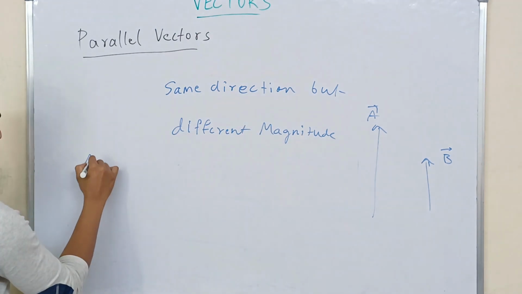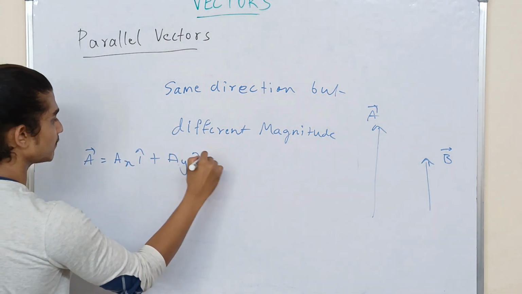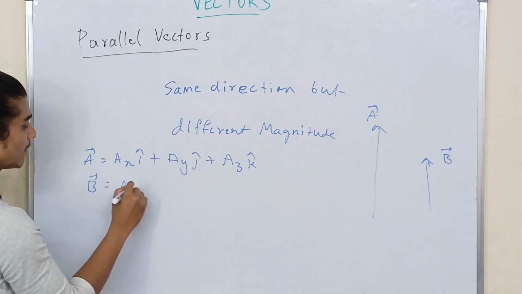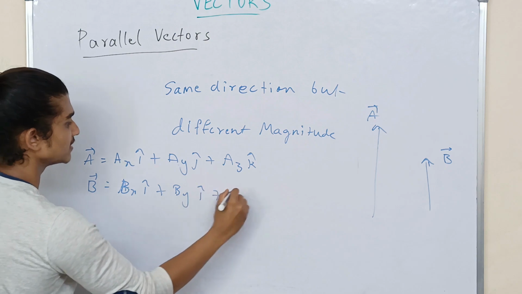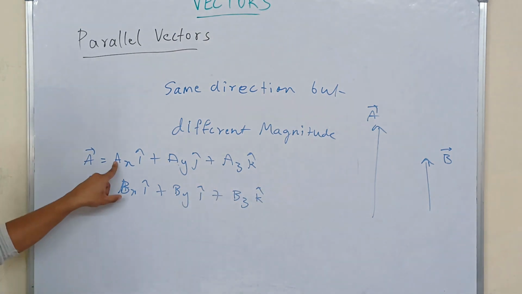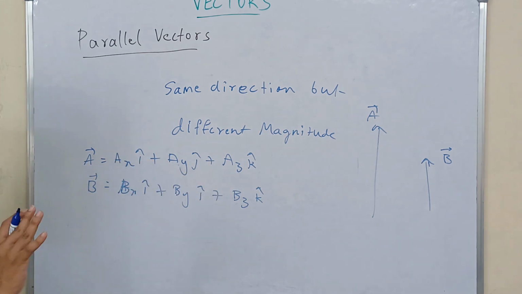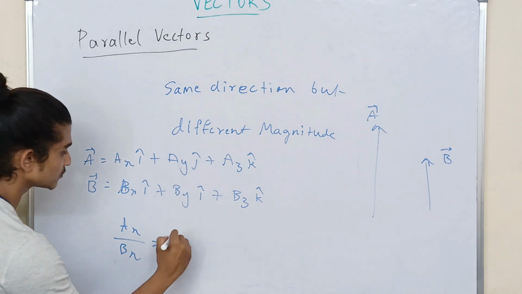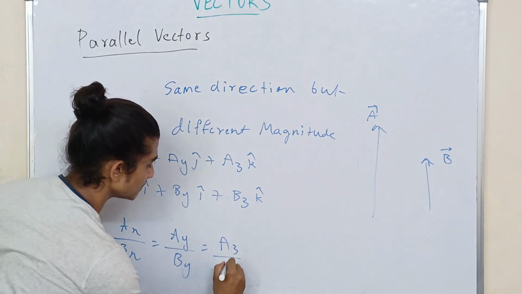Now suppose a vector is equal to ax i cap plus ay j cap plus az k cap, whereas b vector is equal to bx i cap plus by j cap plus bz k cap. From geometry I can conclude that the components of these two vectors are related by ax by bx equals ay by by, which equals az by bz.